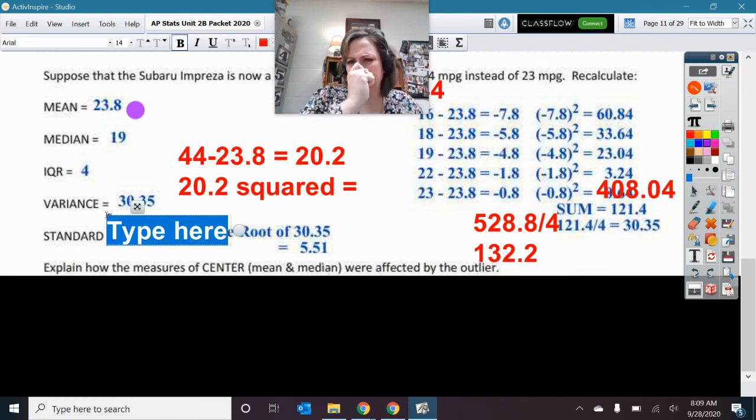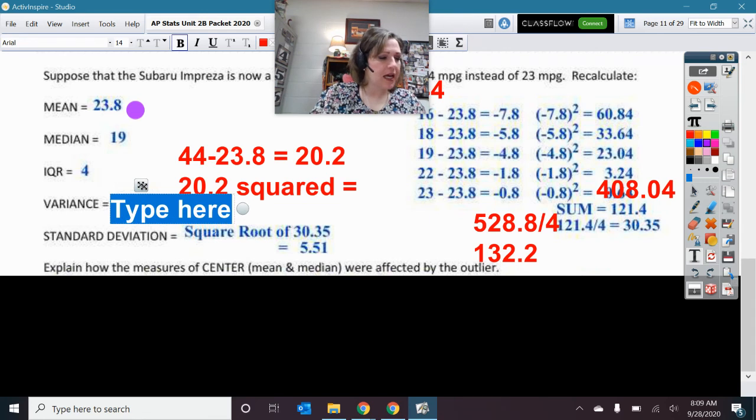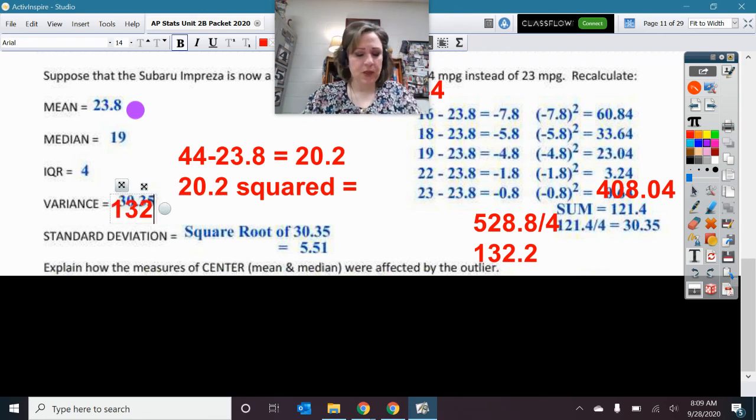Somehow that doesn't seem right. Something seems weird there, but the 31 seems right. Anyway, I'm just going to keep going. If we take the square root of 132.2, then we get 11.49.